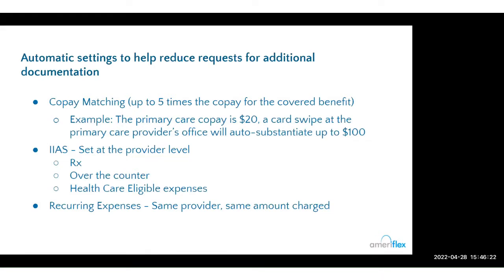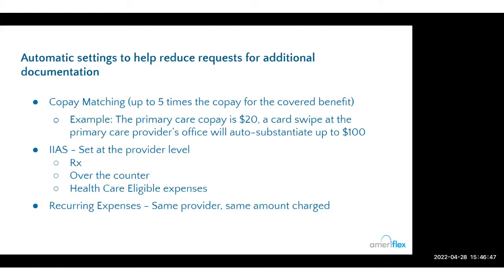eligible expense. Say I went into the pharmacy and I did a $50 purchase, but $5 of that was magazines. So my Ameriflex card will run for that $45 because that payment was eligible healthcare expenses, but for the $5, it's going to ask me to provide another form of payment.